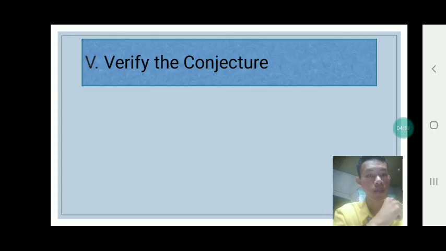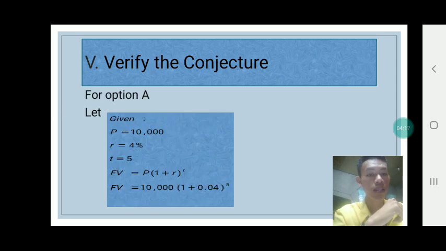So the fifth step is verify the conjecture. For option A, let P, the present value, equal 10,000, R equal 4%, T equal 5 years. So the formula we're going to use is future value equals present value times 1 plus rate raised to T, which is our time.